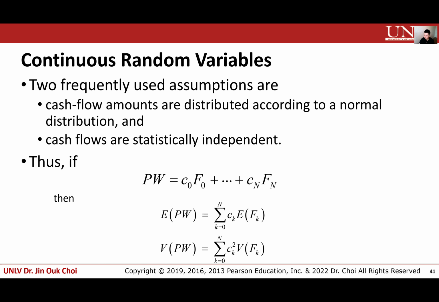Thus, if present worth is in this formula, the expected value of present worth is going to be C multiplied by F, and the variance we can calculate with this function.